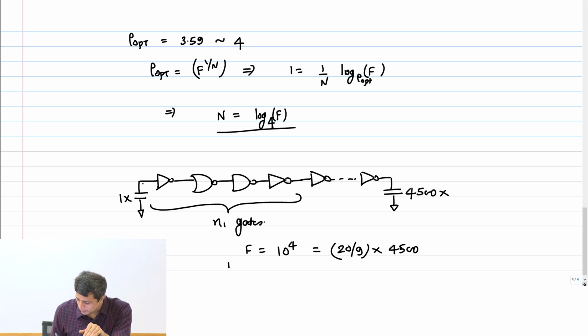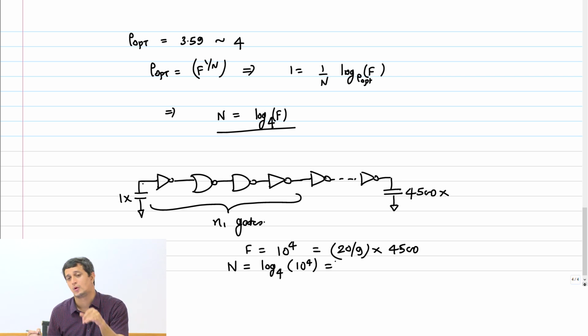So therefore the optimal number of gates should be log to base 4 of 10 power 4. What's that number? About 6 point, yeah, you get 6.64, right?